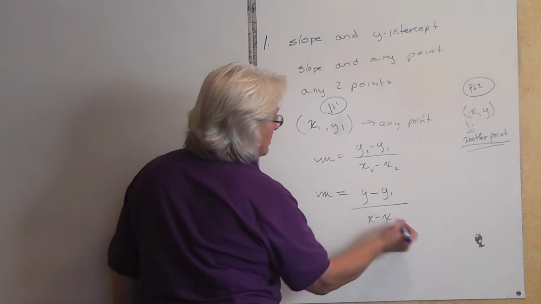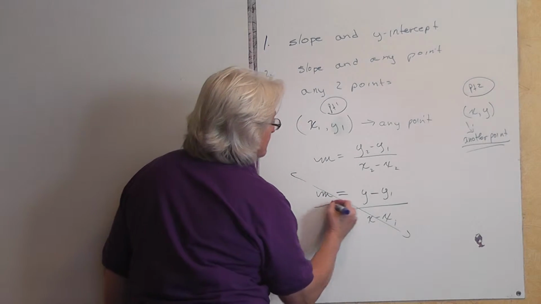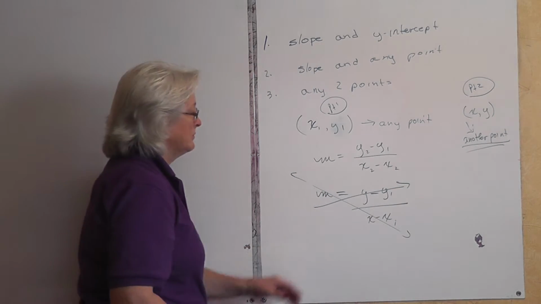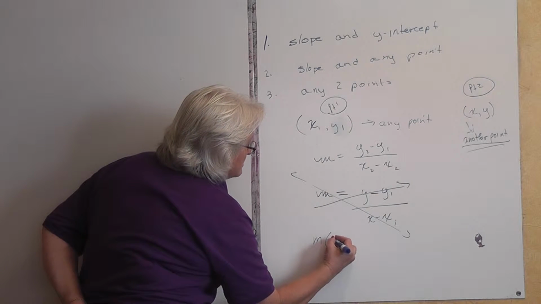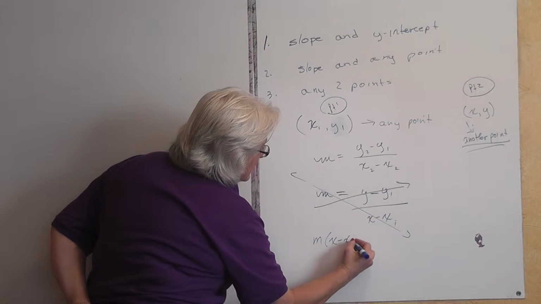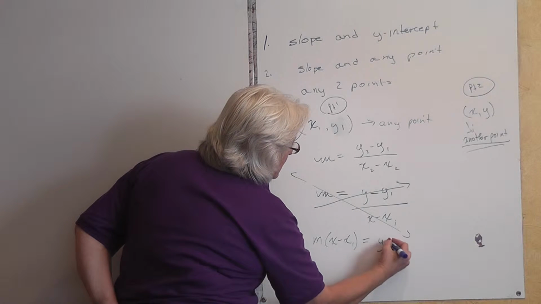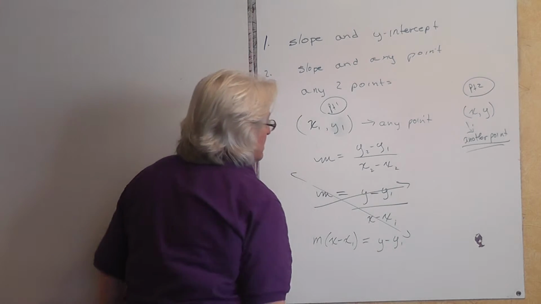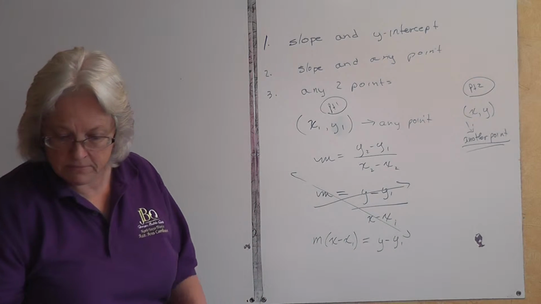Do you remember that you can multiply cross products? Hang with me here. What's this going to give me? M times x minus x sub 1 is equal to y minus y sub 1. Do you see that right there?